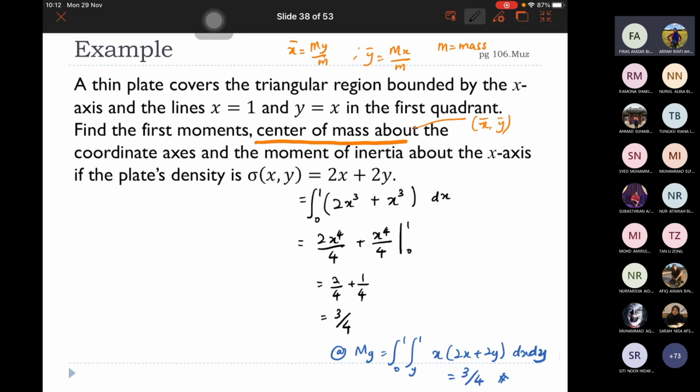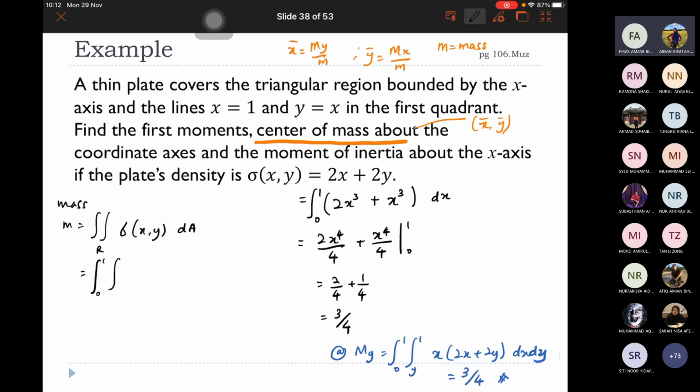Okay. So mass akan sama dengan M sama dengan integration over the bounded region R sigma x y dA. Kita dah ambil tadi dia punya region, boleh gunakan region yang sama je. Kalau awak ambil 0 1 y 1, you make use of the same region.